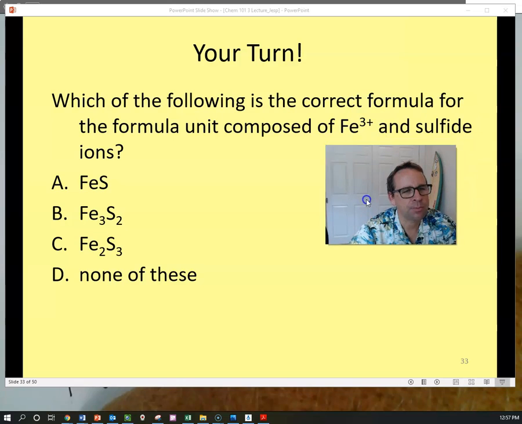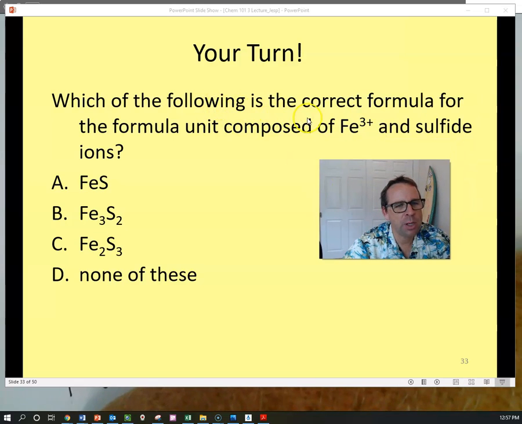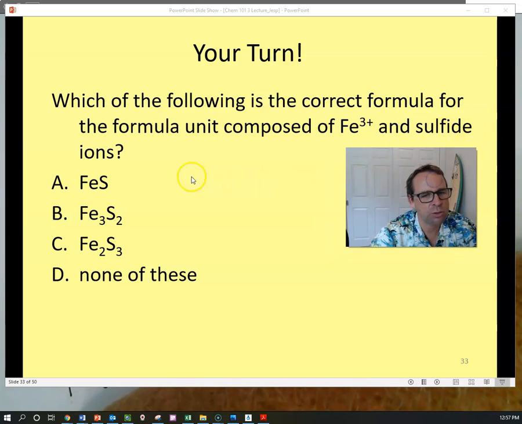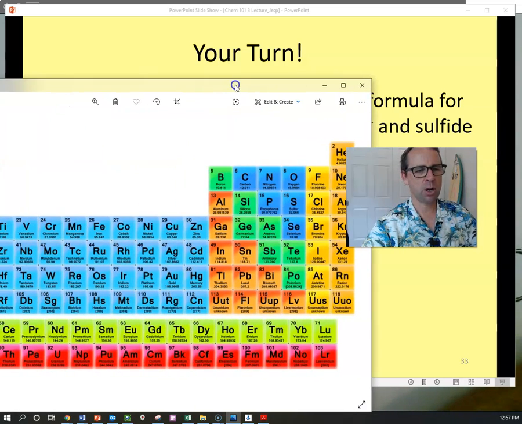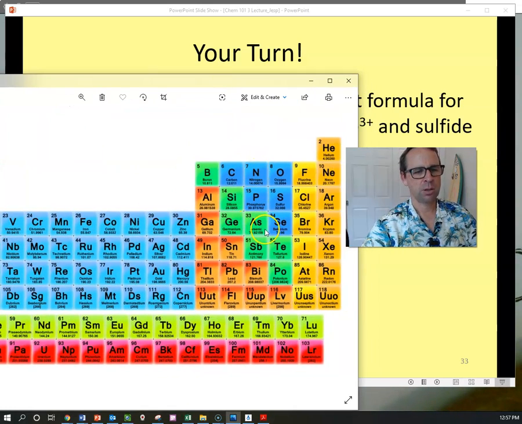So here's a question. Which of the following is a correct formula for the formula unit composed of iron +3 ion and sulfide ions? Let's look at our periodic table here and see where sulfide ions are. There's sulfur. So what's the charge going to be on a sulfide ion?